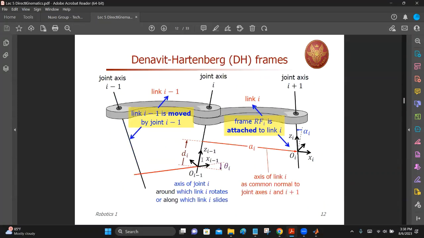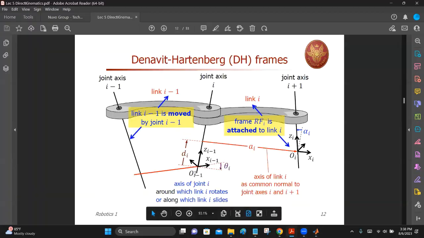The first operation is this angle theta. The first operation is a rotation around the z-axis by angle theta.